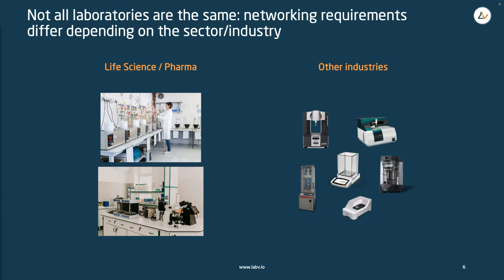Because the lab in the pharma industry, for example, differs in several aspects from other labs. Very often, pharmaceutical and life science labs are subject to strict regulatory requirements that affect all aspects of lab work. In addition to that, quality assurance takes center stage to ensure that all products are safe and effective.